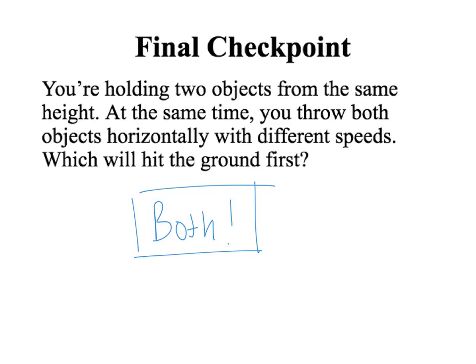This illustrates the point that whatever motion happens in one direction should not affect the other direction. So regardless of how fast you throw an object in the x direction, it should not affect the time it takes to fall that y vertical distance. So they should both hit the ground at the same time.